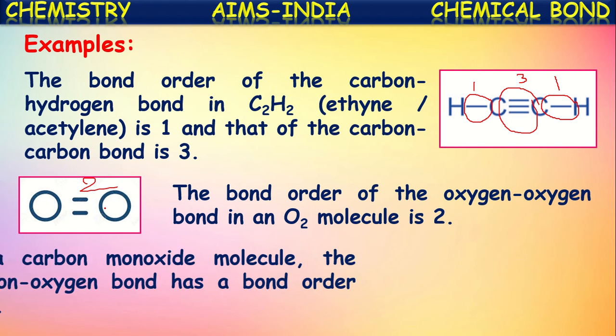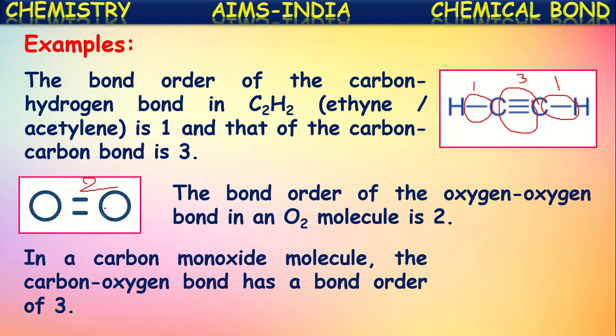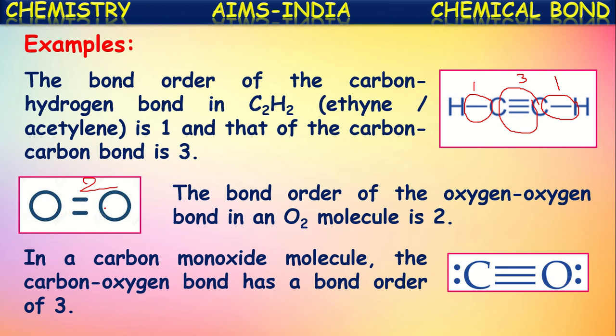In a similar way, if you see another molecule, in the carbon monoxide molecule, the carbon-oxygen bond has a bond order 3. How is it? First, when these two atoms, oxygen and carbon, approach each other, they form a double bond by sharing two pairs of electrons. But still, carbon will have a vacancy for two more electrons where oxygen has got octet configuration.